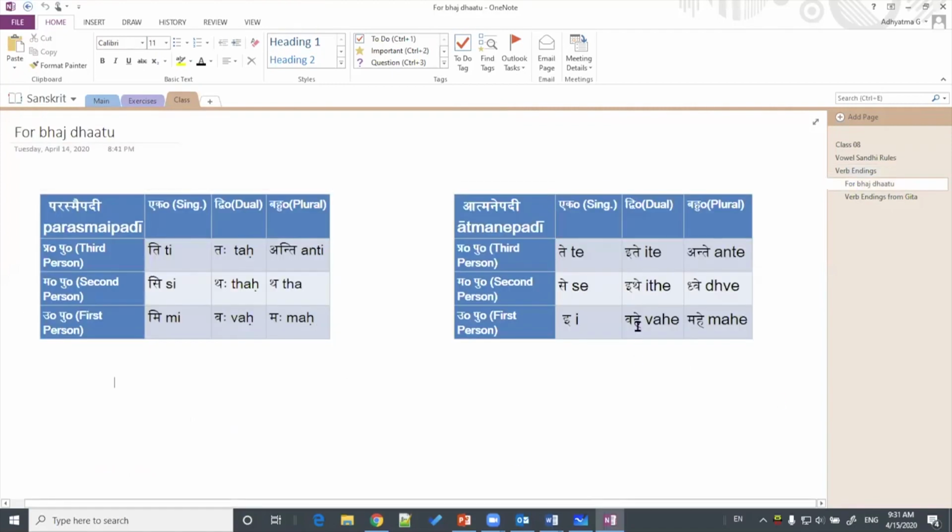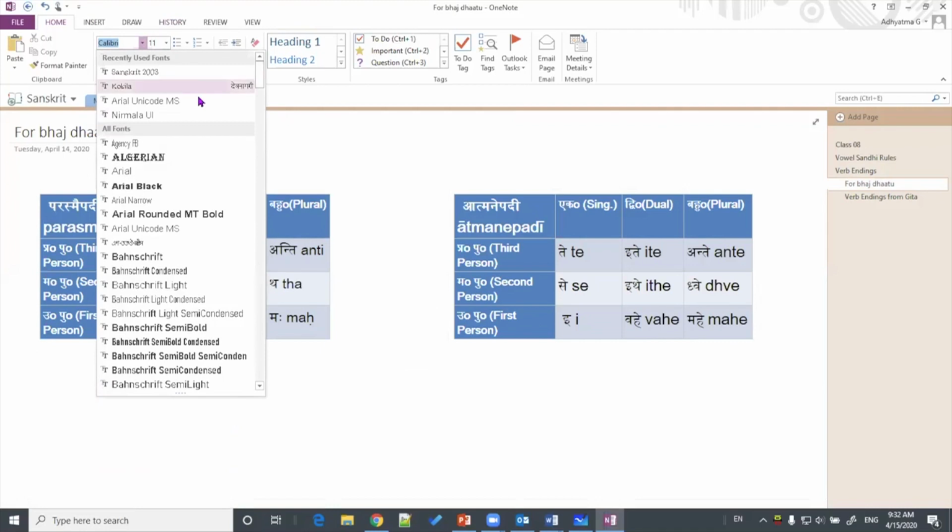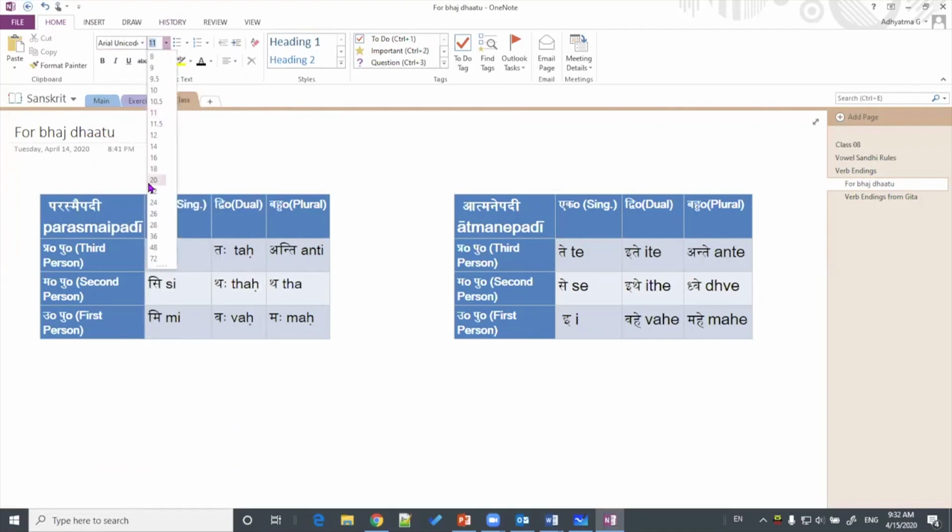endings. So we'll choose the verb called bhaj. So the verb for us would be bhaj. Bhaj is the root.